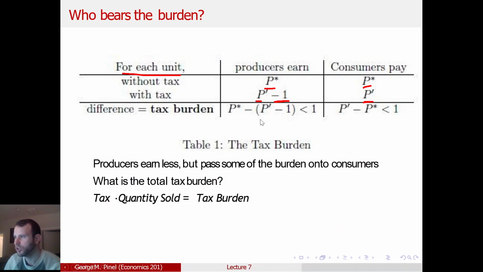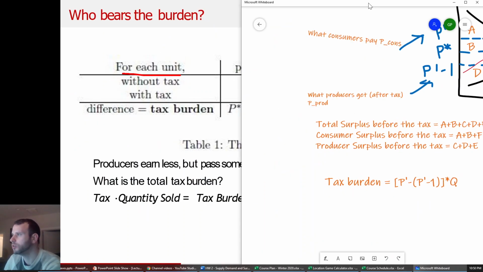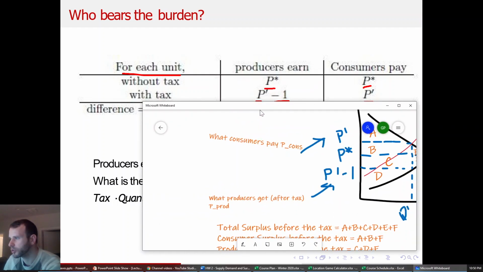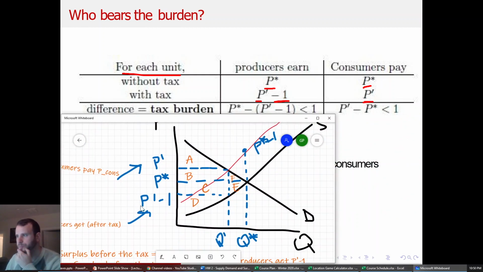So above here, you have the producer tax burden and the consumer tax burden per unit. And if we were to look at the graph versus that, look at the consumer tax burden.